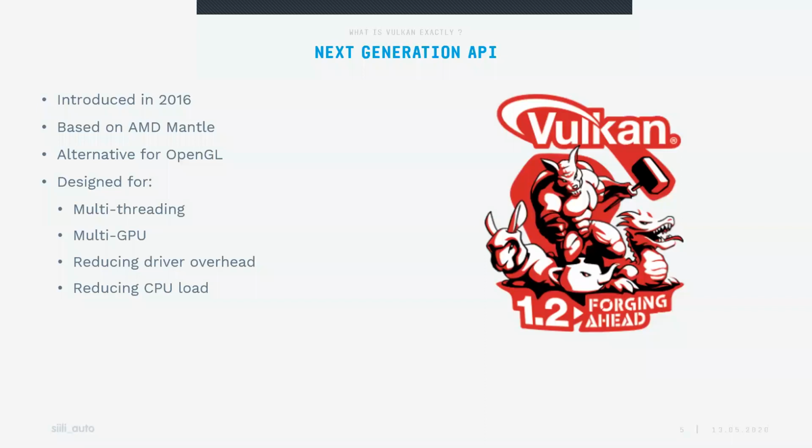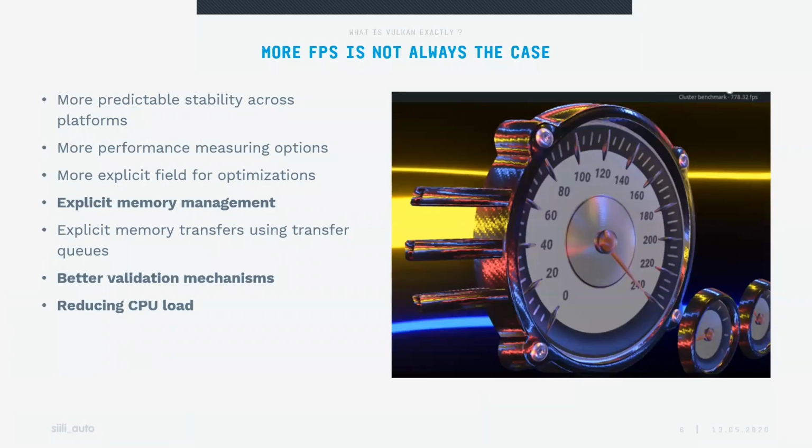In the automotive industry, it's not always the case that we want more and more FPS, because a stable 60 FPS is enough for us. What we care more about are the safety aspects of the API. We want to be able to speed up the startup time. We want to be able to profile and debug the application, to get as much information as possible. Vulkan gives us a couple of cool features, for example explicit memory management.